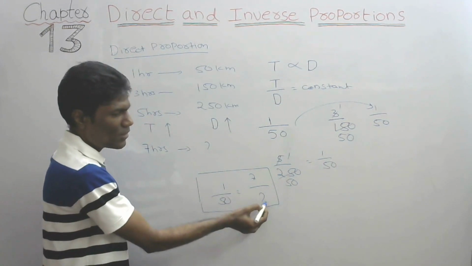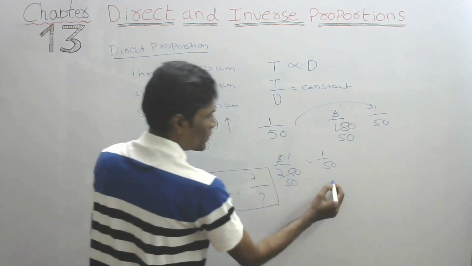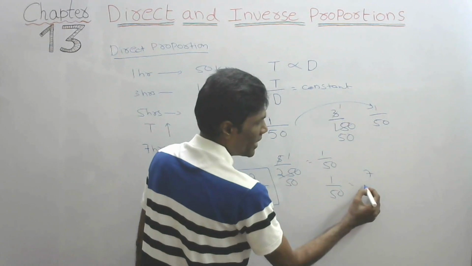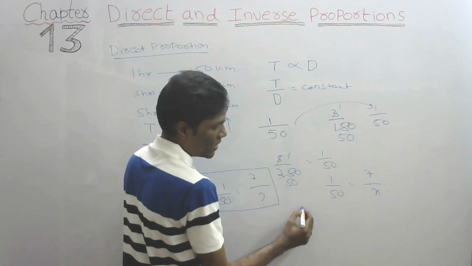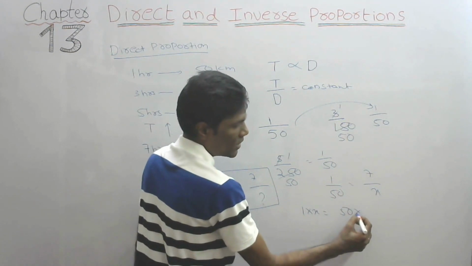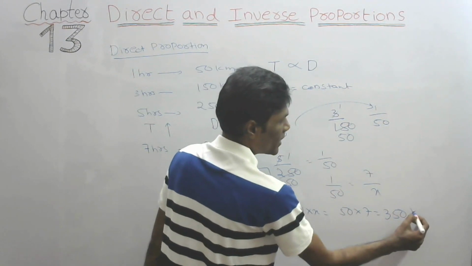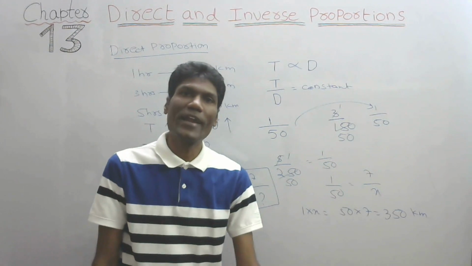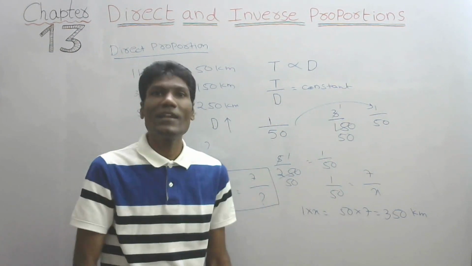Just make it as 1 by 50 equal to 7 by x. Take the x to this side, 1 into x equal to 50 into 7. 50 into 7, that is 350 kilometers.